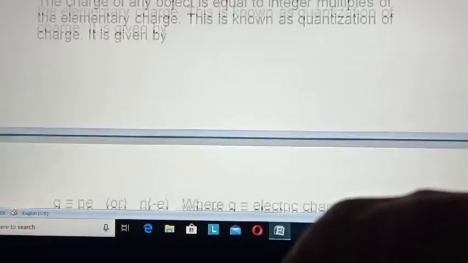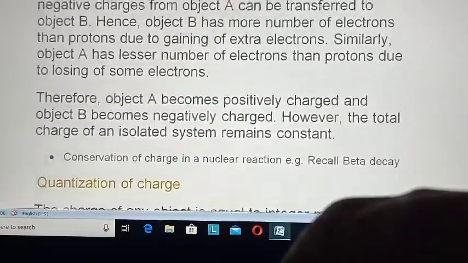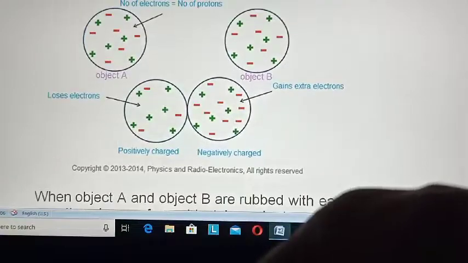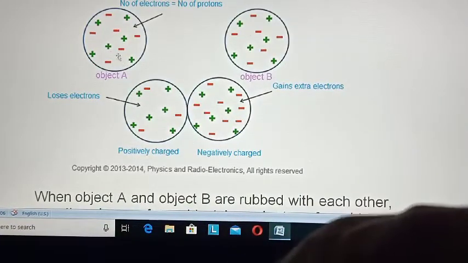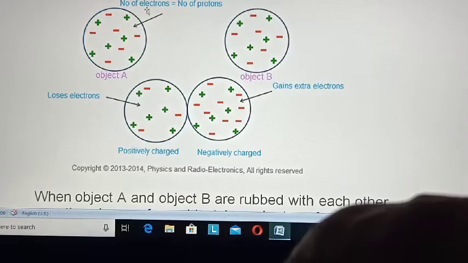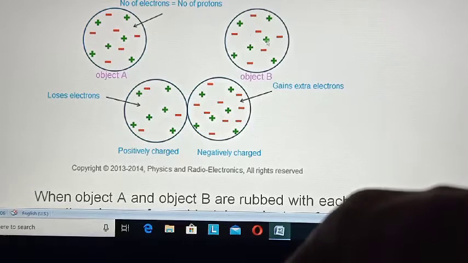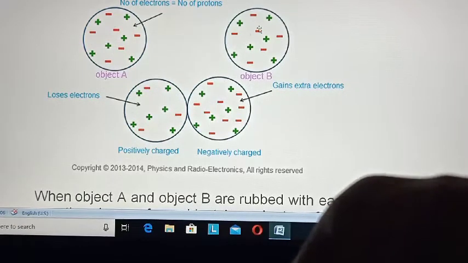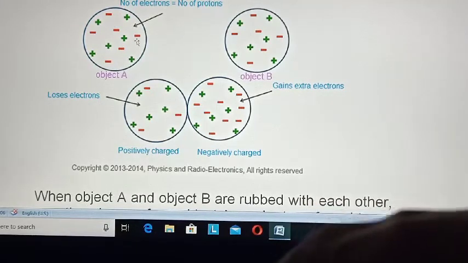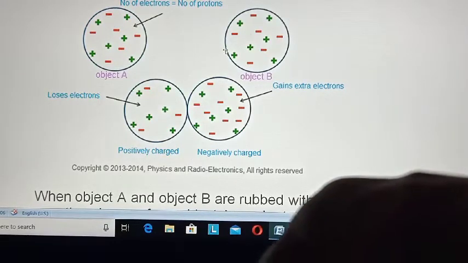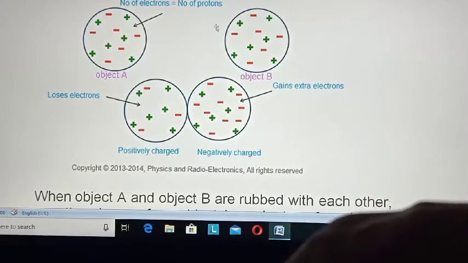Like you can see these two neutral bodies. This is object A, which is neutral because equal number of electrons as well as protons, and this is object B, which is also neutral. Now if you consider this two body system, I mean this is a system containing two objects A and B, both are neutral, total charge of the system is 0.